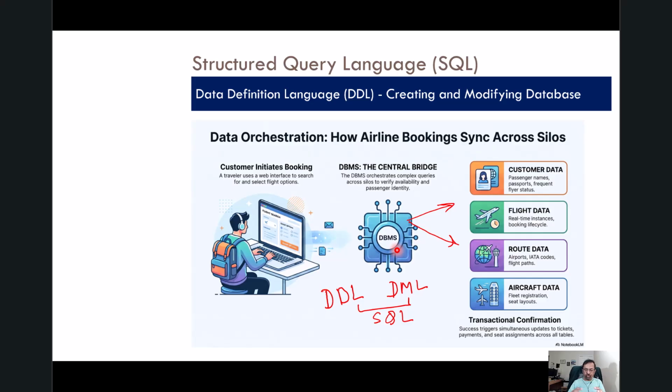Okay, so the DDL will contain instructions. It will contain aspects of the language that help me instruct the database management system, hey, this is how you go about constructing the structure of the database.